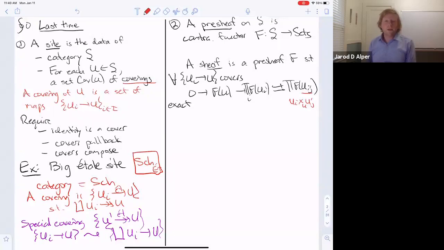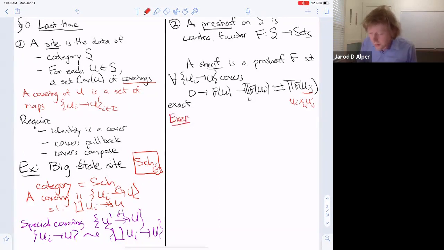And in fact, you can often reduce even to coverings that are étale morphisms of affine schemes. Let me phrase this as an exercise. It isn't particularly hard, but it's useful to work through the notions.